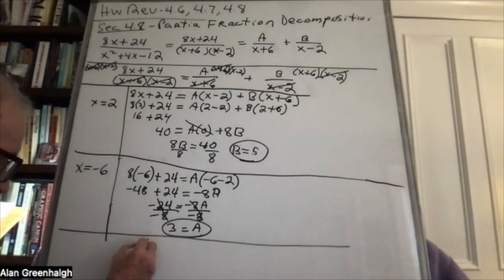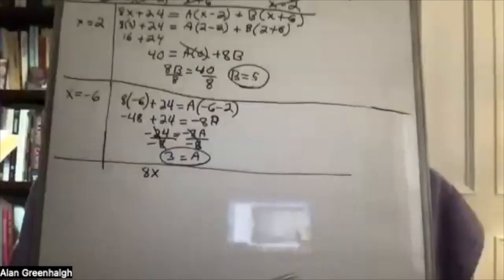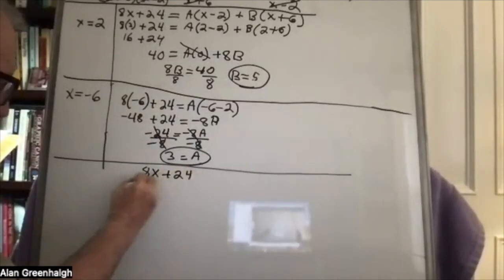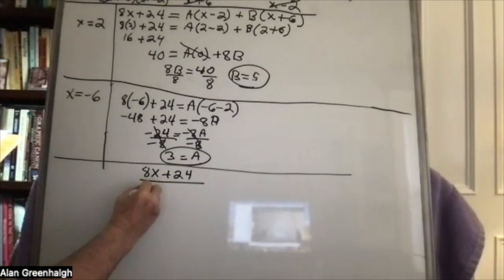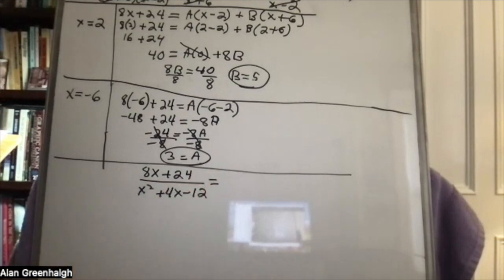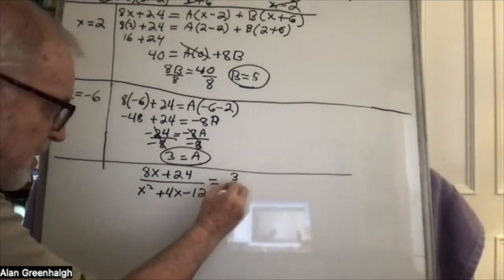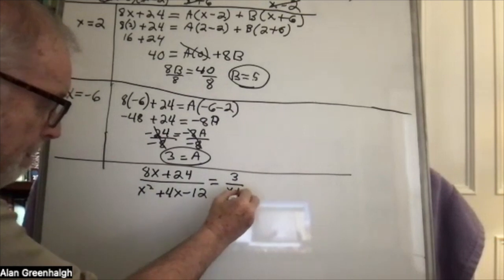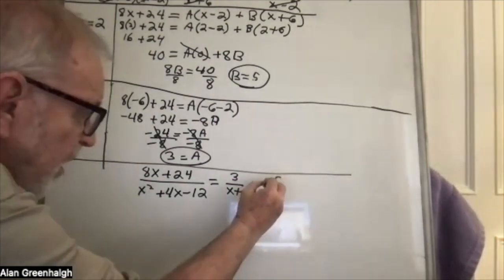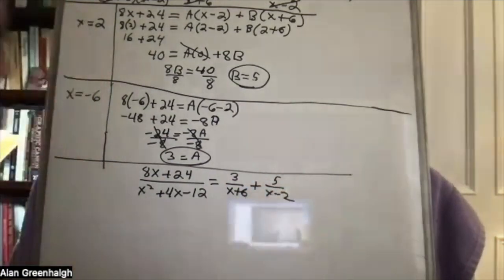So in other words, 8x plus 24 divided by x squared plus 4x minus 12 is equal to 3 over x plus 6 plus 5 over x minus 2.